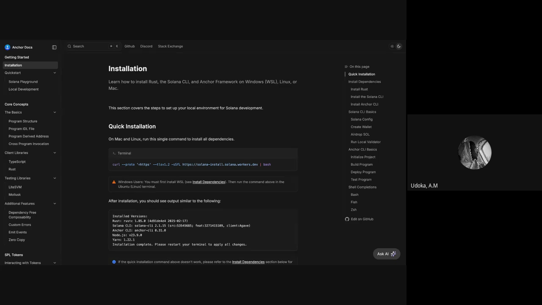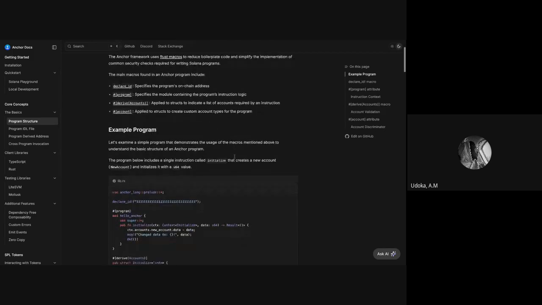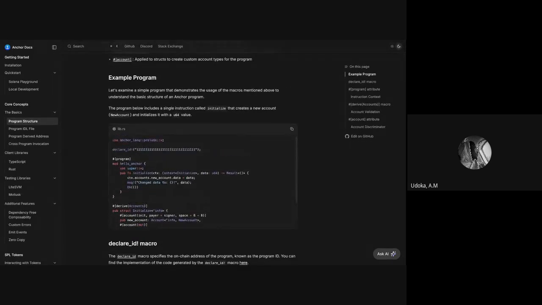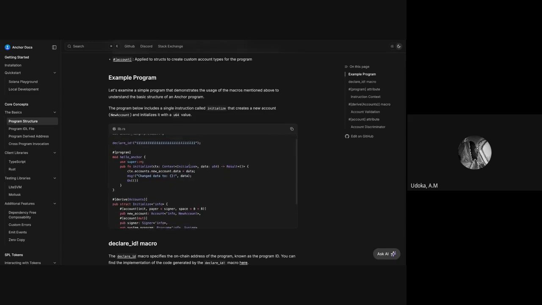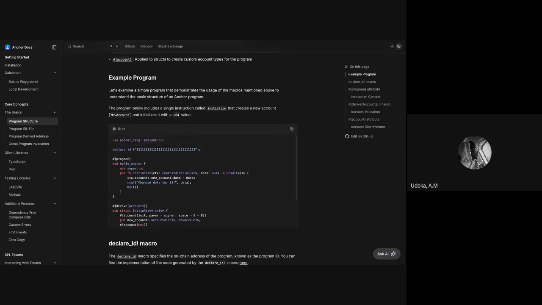Anchor gives you those macros in one line, so you can deploy a Rust program, an entity of a program, by just calling a macro like this, and it's that simple.